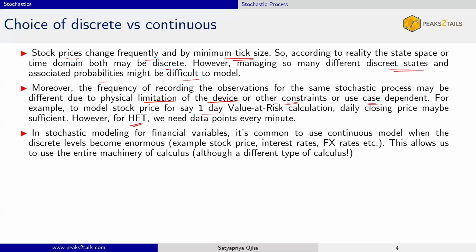If you are doing monthly evaluation of something, then you need a monthly frequency data point. You don't need daily, right? And the second thing is, yeah, device. So let's say you are trying to measure the temperature. Temperature in reality is a continuous thing, but when you are measuring, you are using some kind of digital gadget, right?